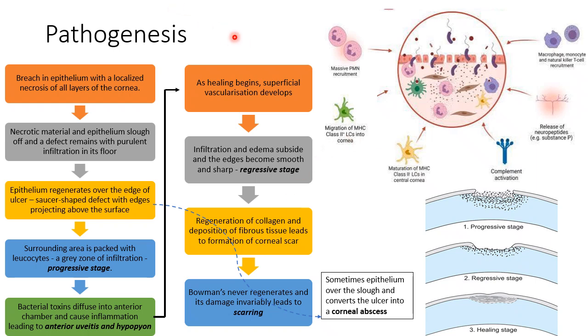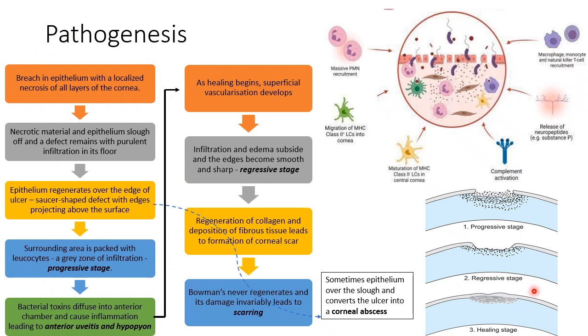Now, very important, the pathogenesis of corneal ulcer. More or less, this is the pathogenesis of any corneal ulcer, not just bacterial. But then these classical stages have been defined still. So, how does the ulceration begin? This is the pathogenesis on the side.